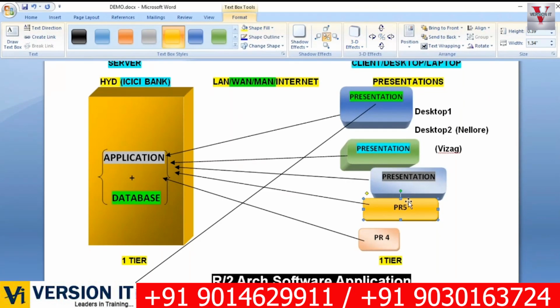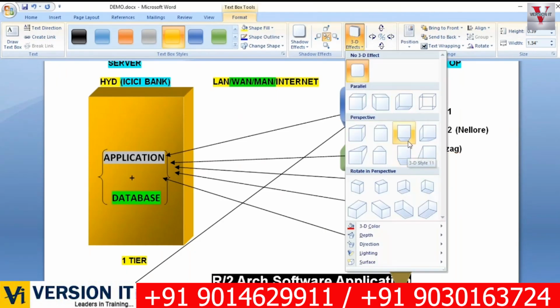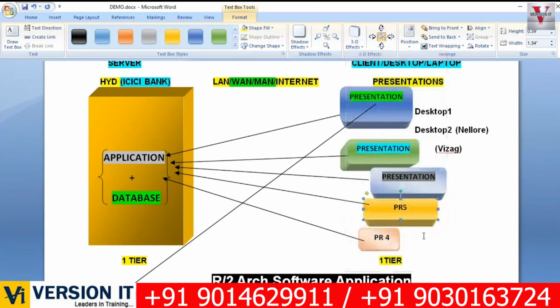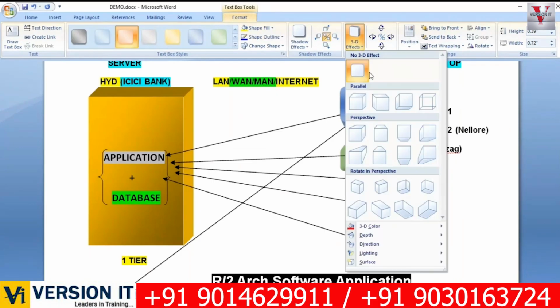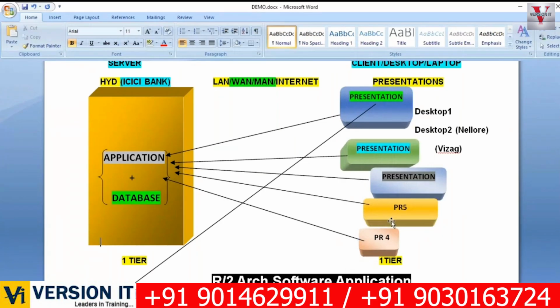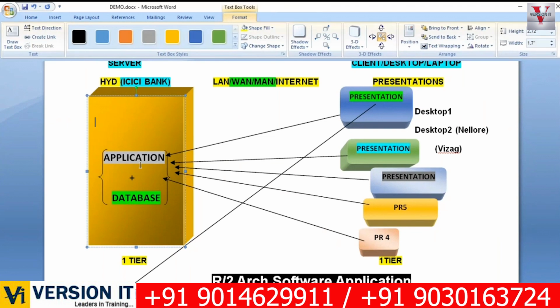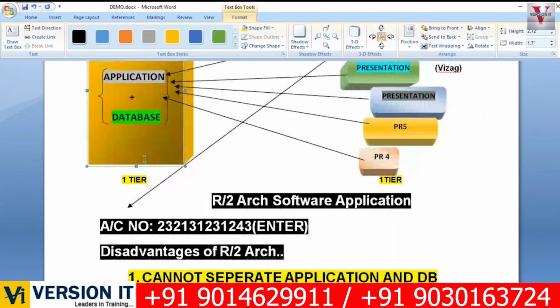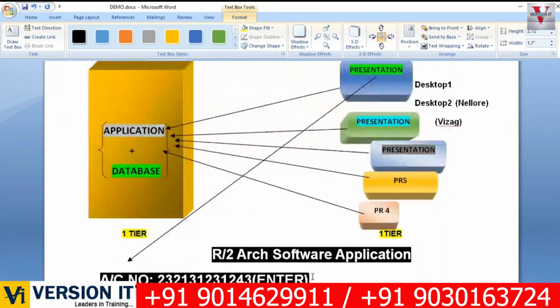Yes or no? So in this way, multiple presentations are kept here now. Everyone from different banks or branches is entering the customer information, hitting enter. And the moment they hit enter, the command is coming to the server and it is processing it. And after seeing your account information, she is going to have another tab.